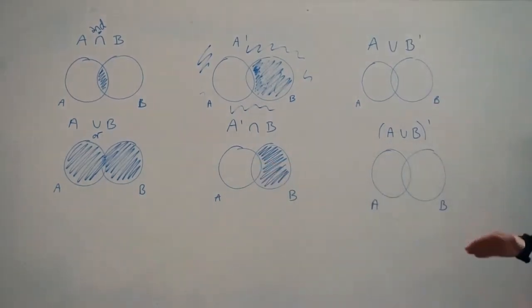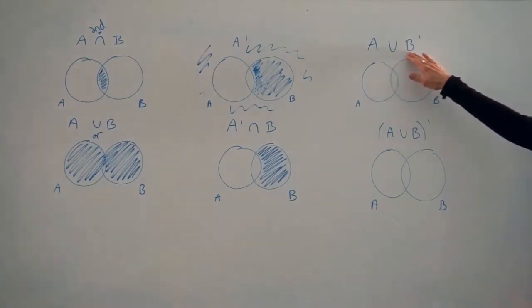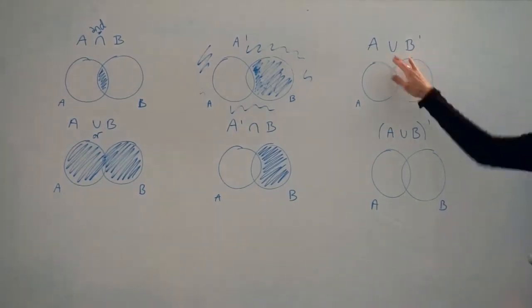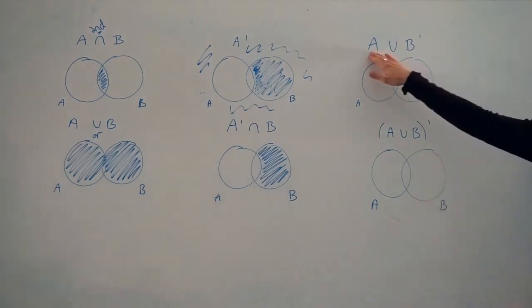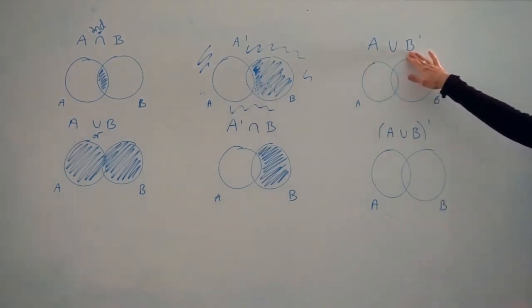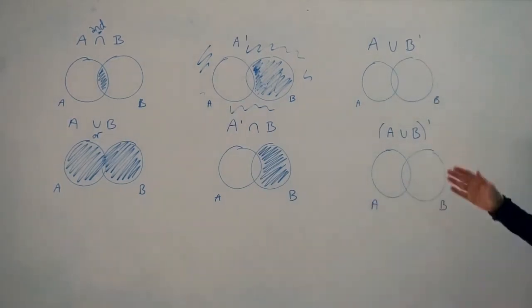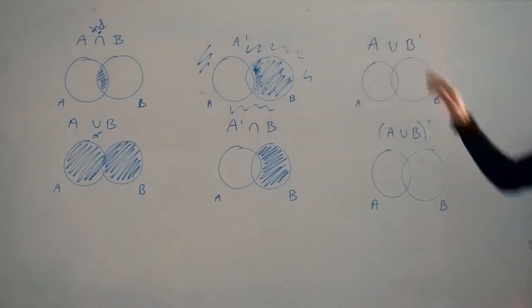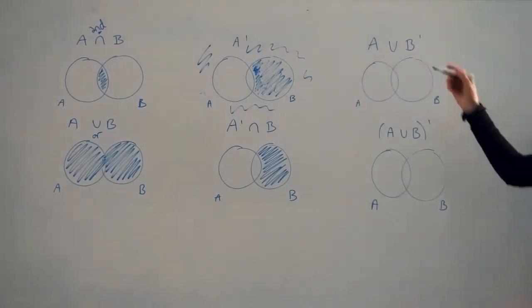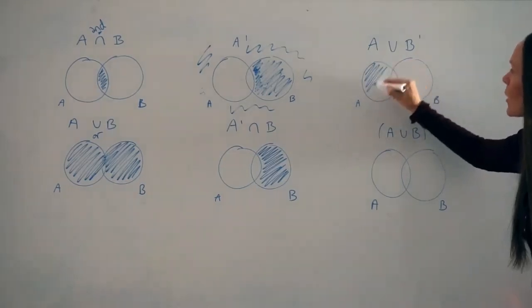On number 5, it says we have to shade A union the complement of B. Okay, so remember this is like the word "or". So we're shading set A or everything that's outside of B. Okay, remember union is the flexible one, it's not strict. It doesn't have to agree with both at the same time. So you can start shading straight away everything inside circle A, including that overlapping part.